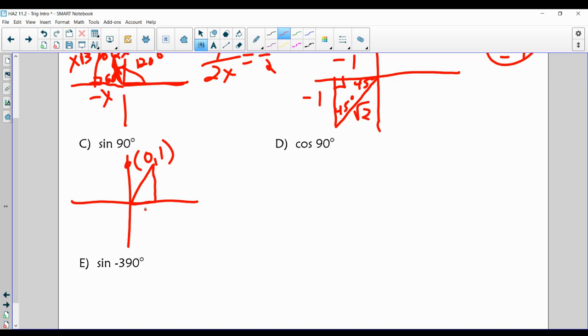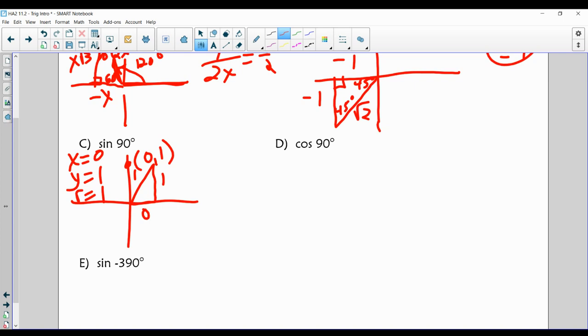Wouldn't this length here be 0? You'd go left and right 0, and then I would go up 1. And if I did Pythagorean theorem, 0 squared plus 1 squared would give me 1. So that would mean the up, the y, and the radius, r, would be the same number. Okay, so for 90 degrees here, x would be 0, y would be 1, and r would be 1.